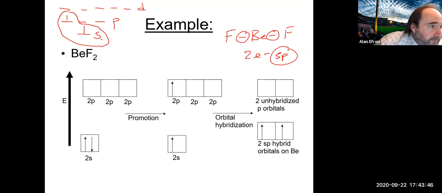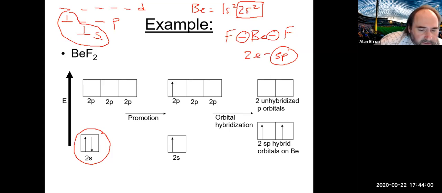So if we look at beryllium, beryllium's electron configuration here is 1s2, 2s2. It has 2 valence electrons. These 2 valence electrons are these guys right here. So this is, again, beryllium's orbital diagram here. What's going to happen as these go through hybridization is you're always going to get this promotion.